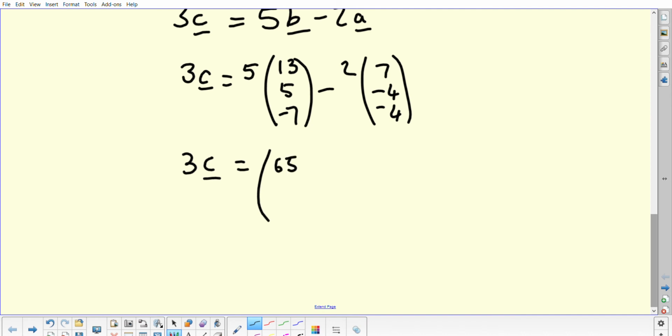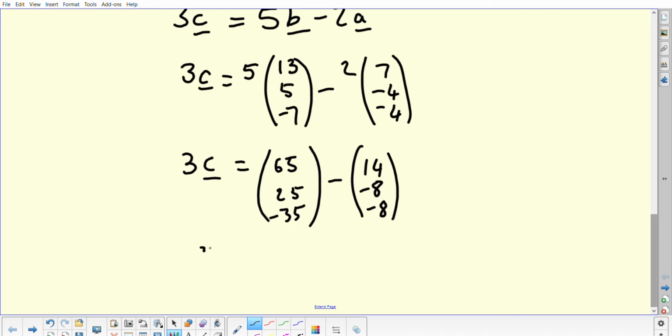Multiplying that out, you're going to have 65, 25, minus 35, and this one I'm going to give you 14, minus 8, minus 8, and then you end up with 3C will be equal to 51, 33, and we'd have minus, this is minus 35 minus 8, so that becomes plus 8, so that's going to be minus 27.